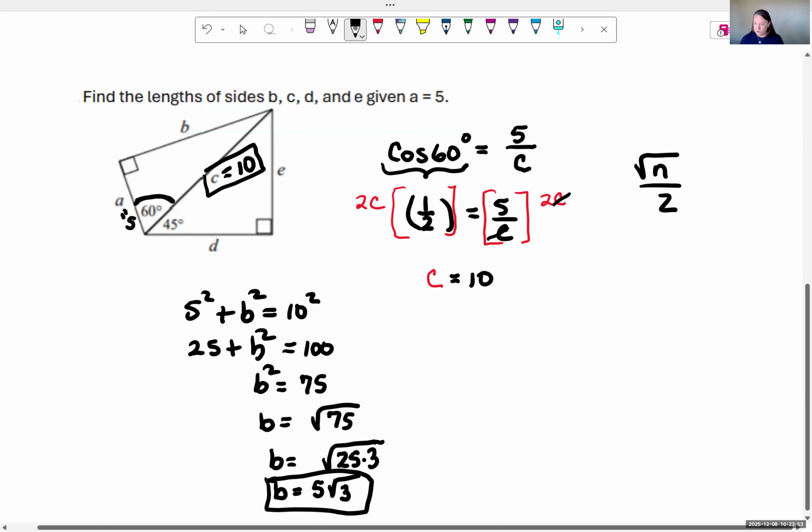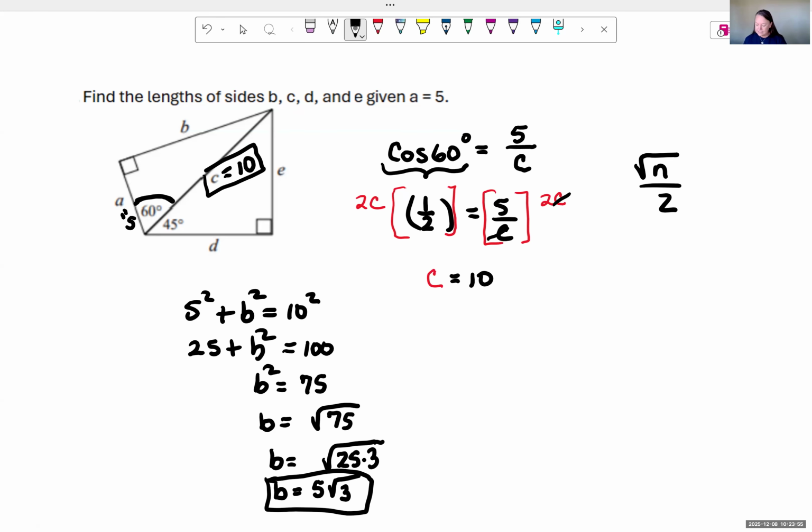Let's go to the triangle on the right-hand side. Well, this is a 45-degree angle. So now we have the hypotenuse, and we know that this angle is 45 degrees. I probably wouldn't use that. Knowing that that's 45 and this is 45, I know that D and E have to be the same value.